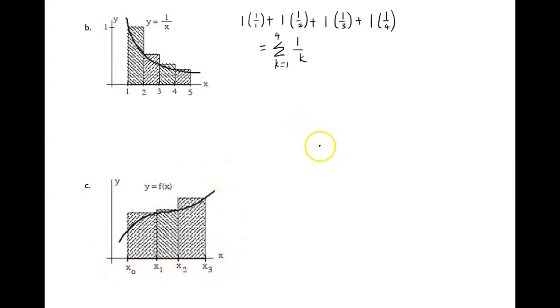And so we still have to remember that our area is equal to our base times our height. And so for my first rectangle, my base is going to be, I would have to find the distance between those two values. So x sub 1 minus x sub 0.